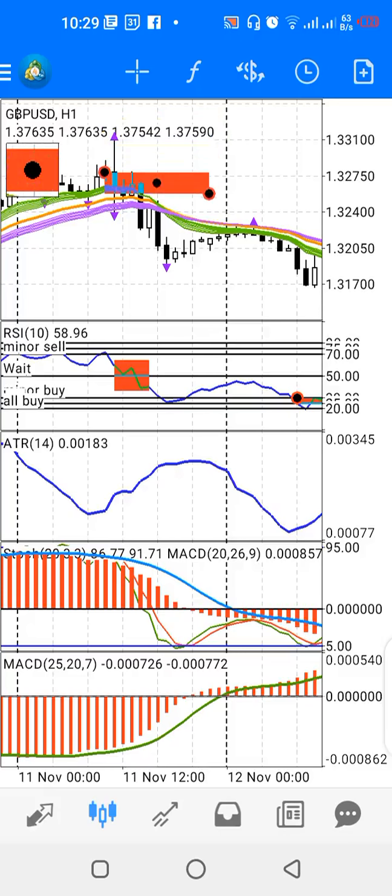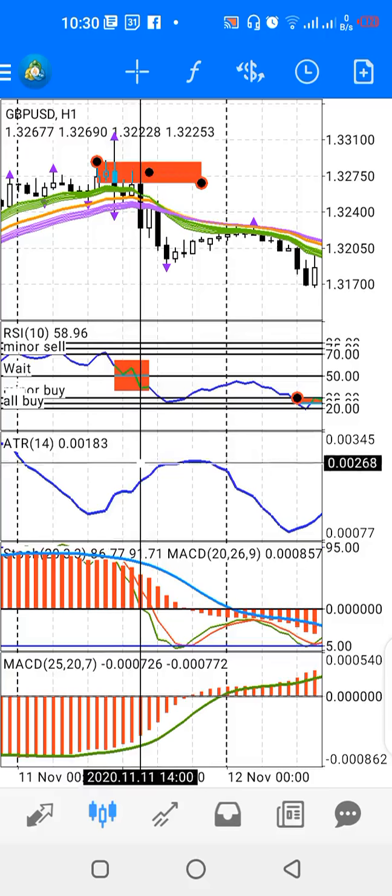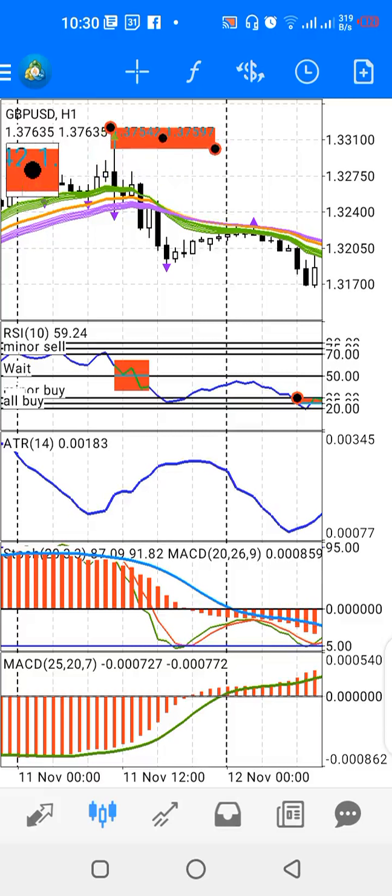So we'll go for the ATR value in that particular line, and that is 0.00233. So that means we are going to add 0.00233 to the high of that candle. Adding that gives us somewhere around here. So that will be your stop loss.